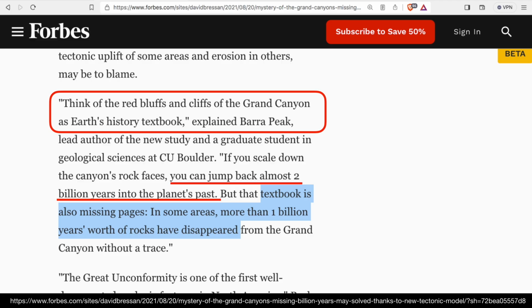And it says, think of the red bluffs and cliffs of the Grand Canyon as Earth's history textbook. You can jump back almost 2 billion years into the planet's past, but that textbook is also missing pages. In some areas, more than 1 billion years worth of rock have disappeared.